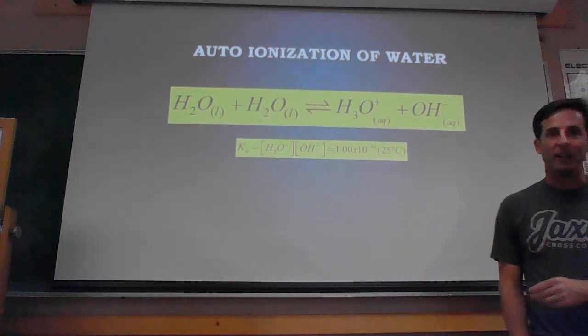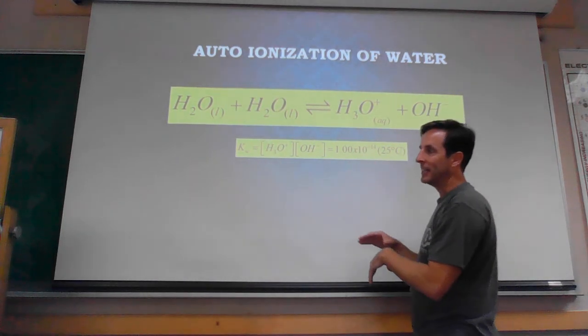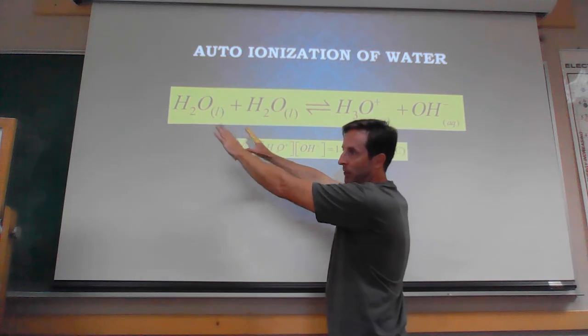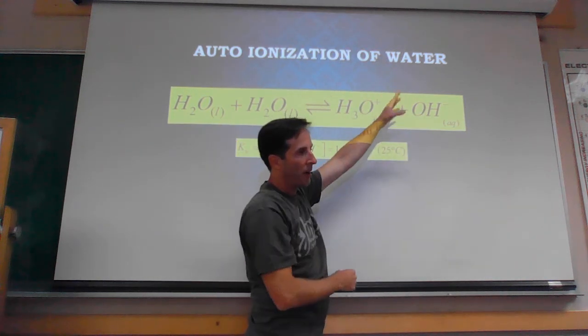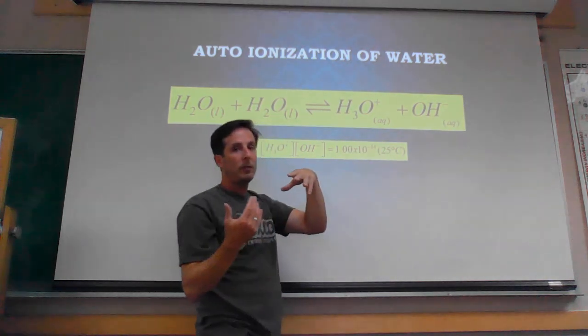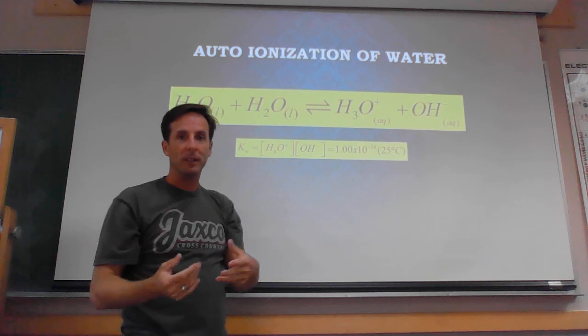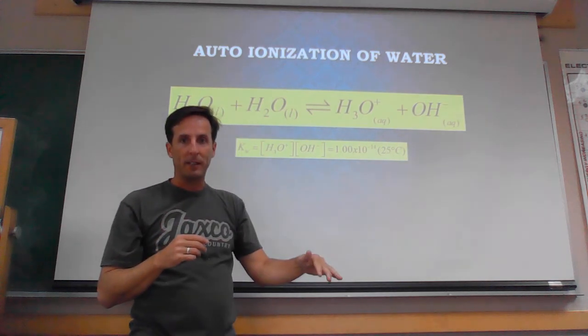So what that tells me is when K is that small, most of the molecules are going to be in the form of the reactants. I'm going to have very little of the products in solution. Now, if I write up the expression, Kw equals the products on top over the reactants.